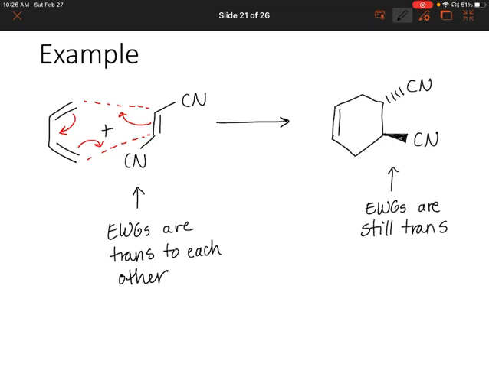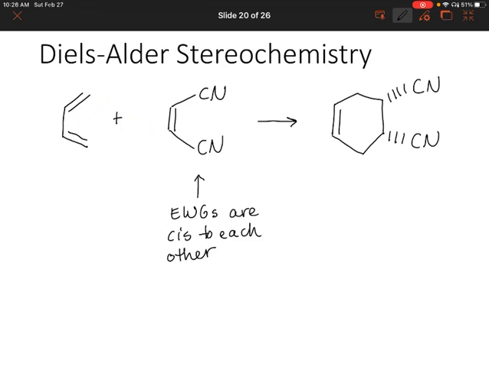Now, in this case, we're not forming a meso compound. Remember, in the last example, oh, I forgot to draw my arrows. Let me just draw those arrows real quick so we can keep track of our movement of electrons. But in the last example, remember we formed a meso compound, and meso compounds do not have enantiomers because there's a plane of symmetry.